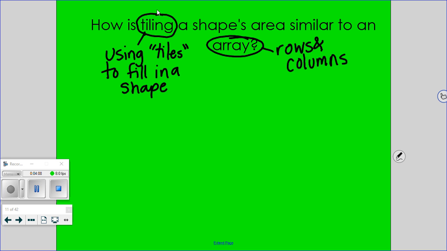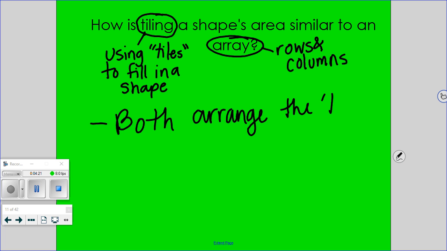Okay, so they both arrange, whether it's tiles or counters or whatever we're using, in that row and column format.